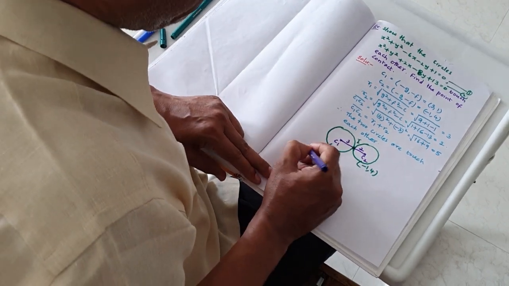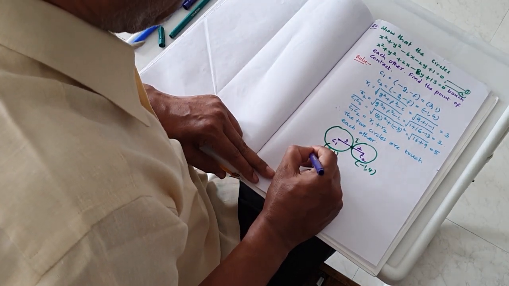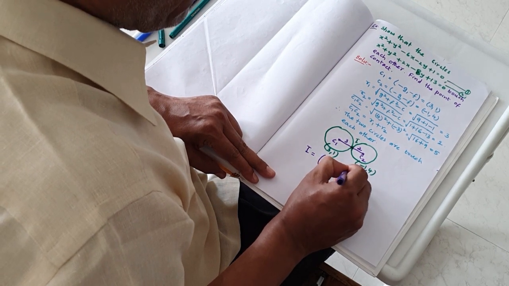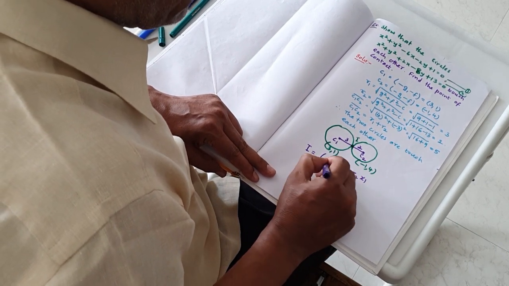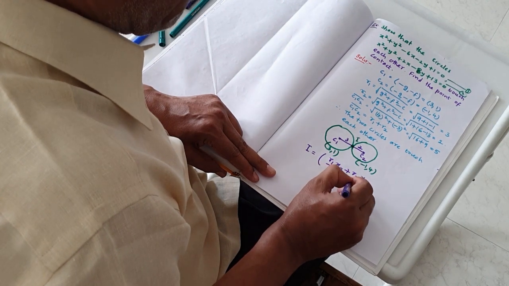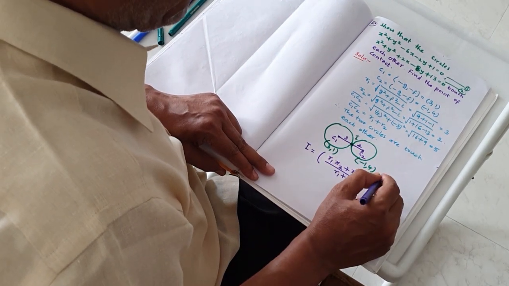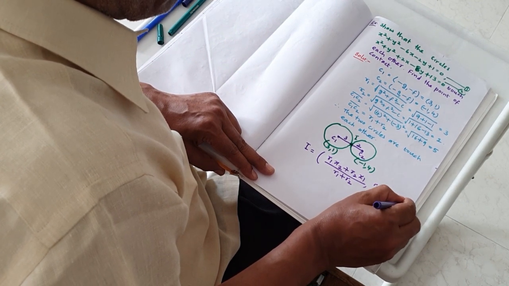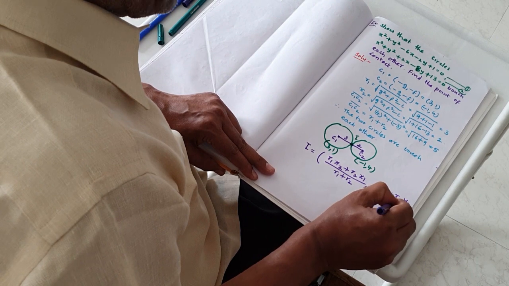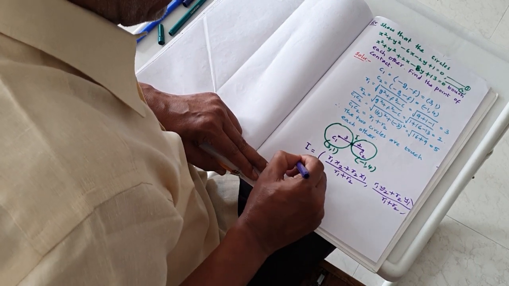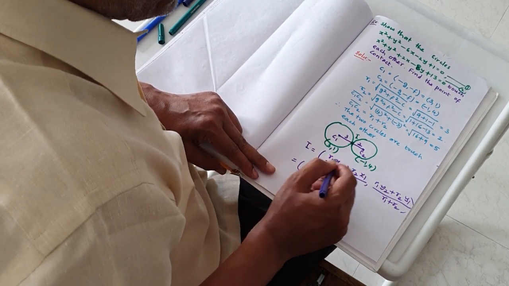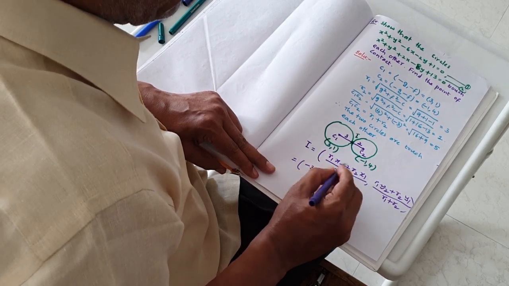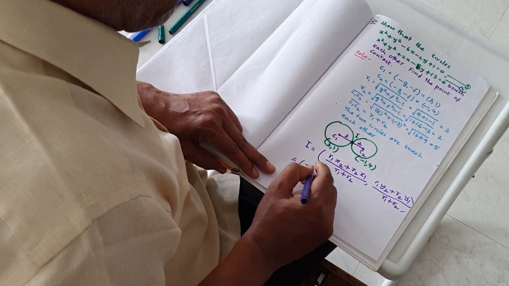Here I is equal to R1 x2 plus R2 x1 by R1 plus R2, R1 y2 plus R2 y1 by R1 plus R2, because it internally divides. That is equal to 3 into minus 1, that is minus 3, plus R2 into x1, 2 3s are 6 by R1 plus R2 is 3 plus 2 is 5.